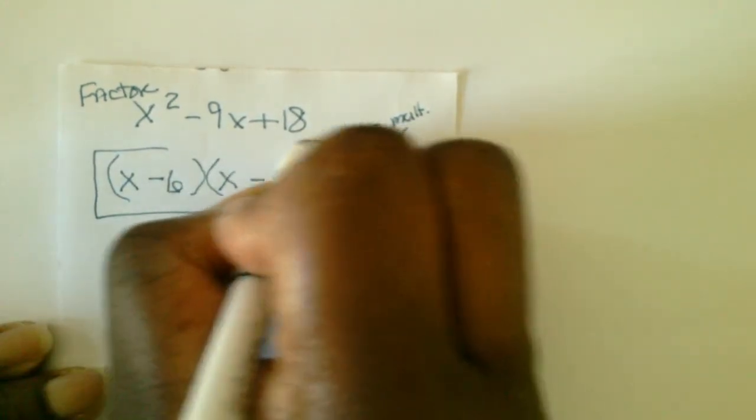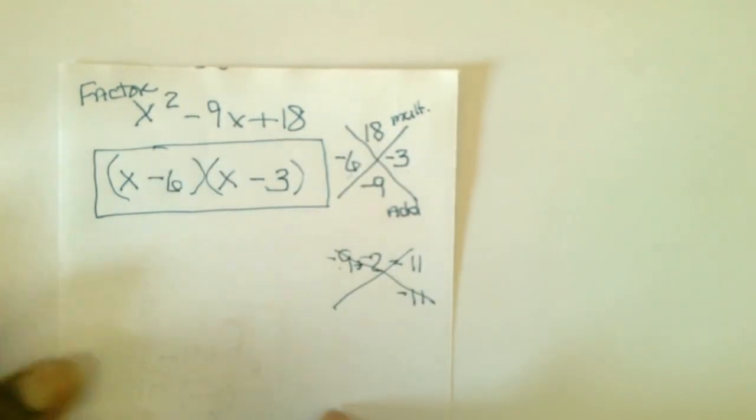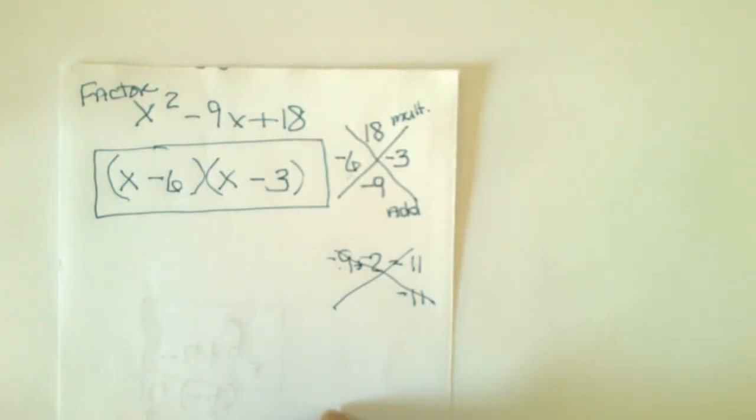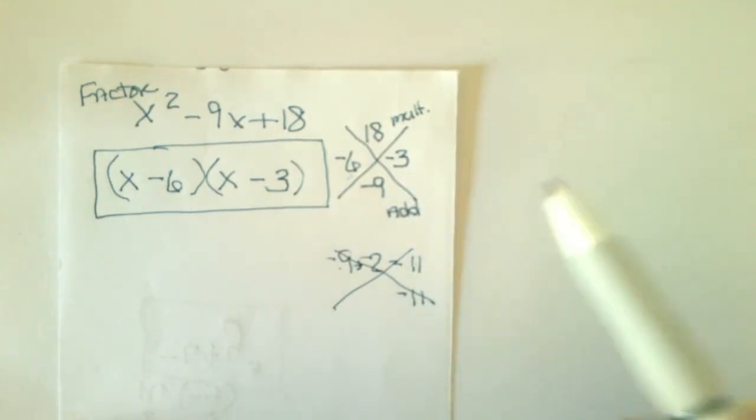If you gave me x equals 6 and 3, that's not factoring, that's solving. Okay? Alright, so yes, this is what we're getting. Exactly, that's what I just did.